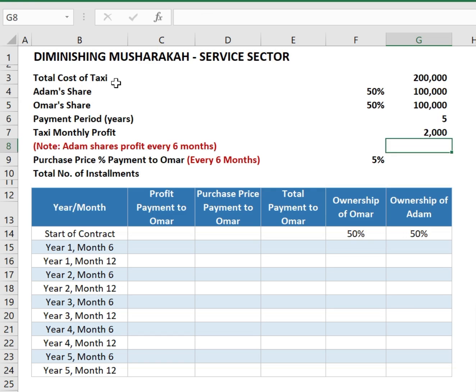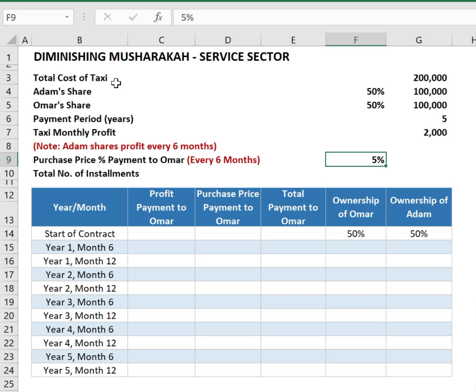And the purchase price percentage payment to Omar, or the acquisition rate, is 5%, payable every 6 months. In other words, Omar's share decreases by 5% every 6 months, based on the principle of diminishing Musharakah.